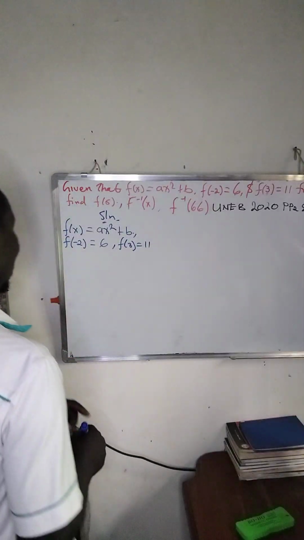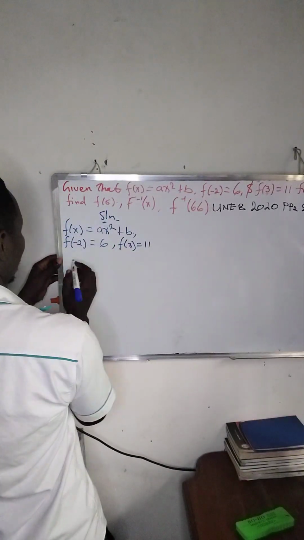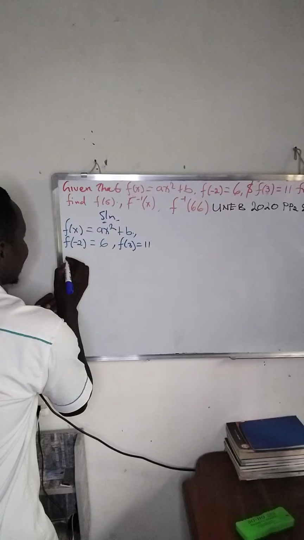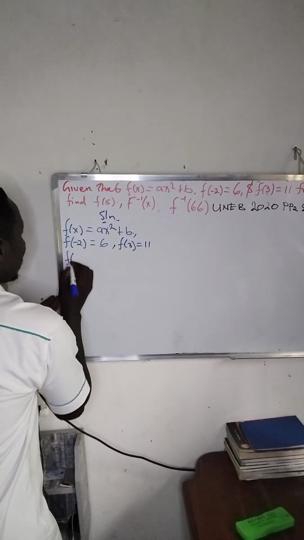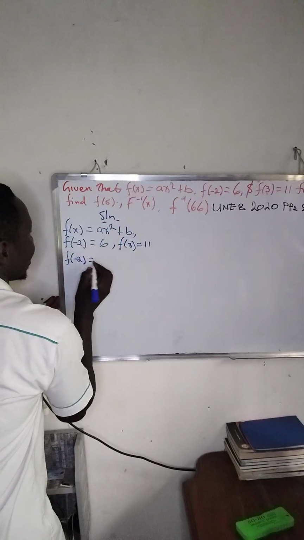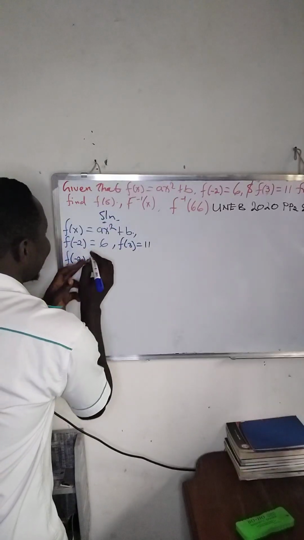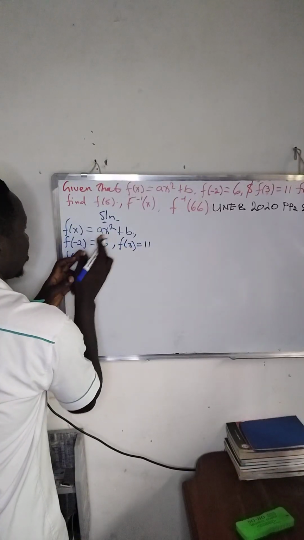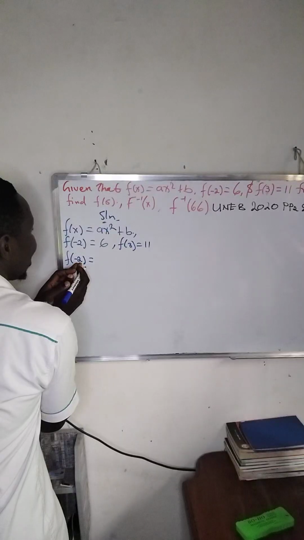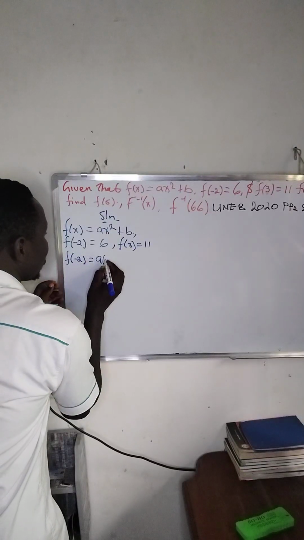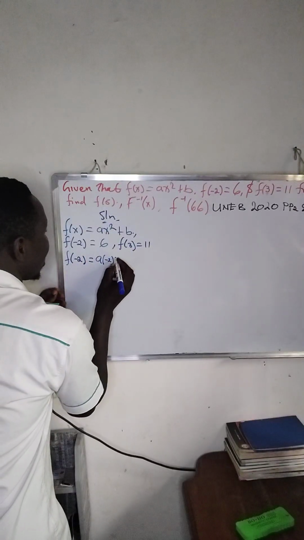Now let us proceed. They are saying f of negative 2 is equal to this one. But let us first say f of x is equal to that one. When we insert the value of negative 2, where there is x, we are placing a negative 2.